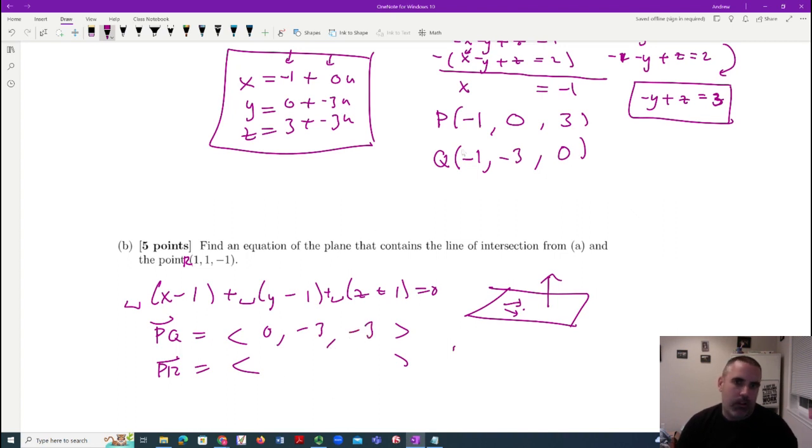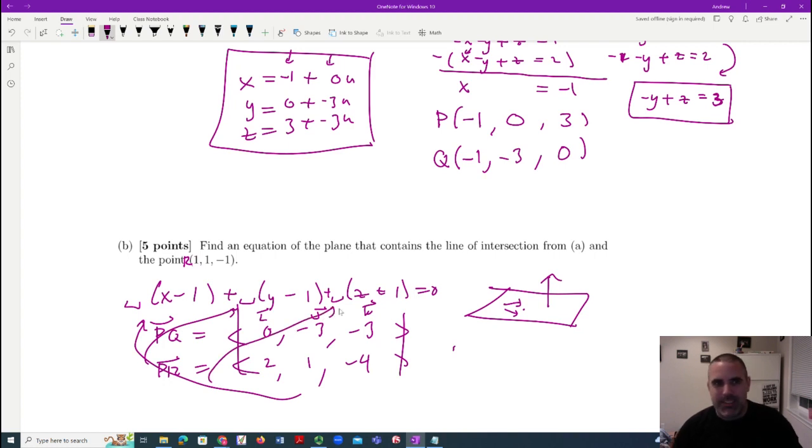And then I would do PR. So 3 minus 1 is 2, 1 is 1, -1 minus 3 is -4. I would take their cross product and I'm done. So take the cross product of these 3 things. And then whatever you get, boom, boom, boom.